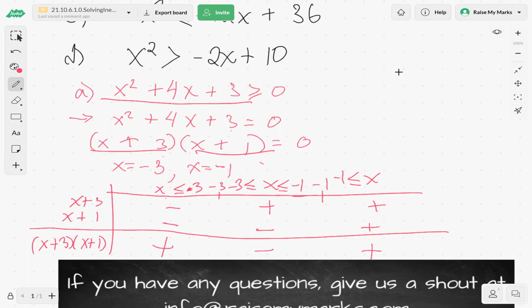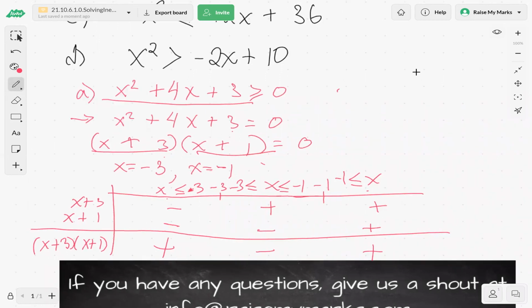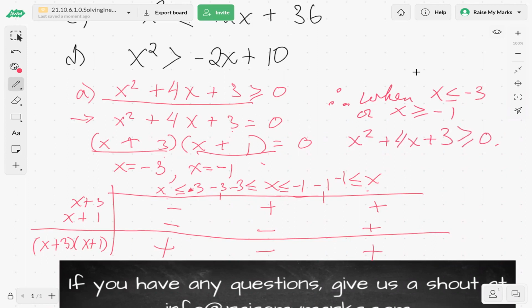So it looks like when our x values are less than or equal to negative 3 or greater than or equal to negative 1, our inequality is satisfied. So therefore, when x is less than or equal to negative 3, or x is greater than or equal to negative 1, x squared plus 4x plus 3 is greater than or equal to 0.